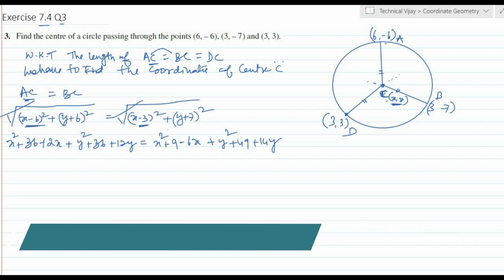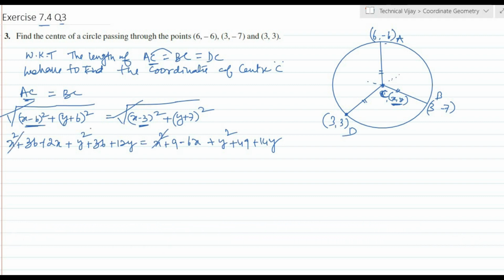So x square and y square cancel. Remaining is minus 12x plus 12y plus 72 is equal to minus 6x plus 14y plus 58.